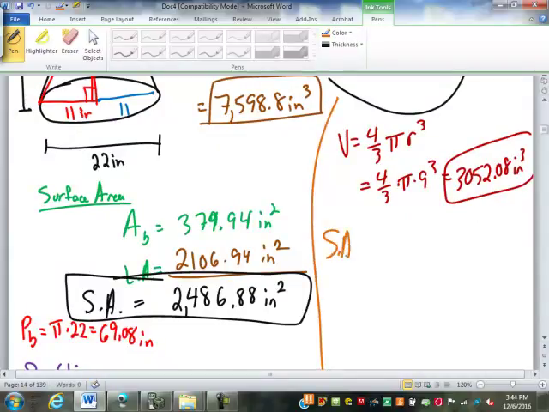How about the formula for the surface area? Surface area is 4 times pi times radius squared.